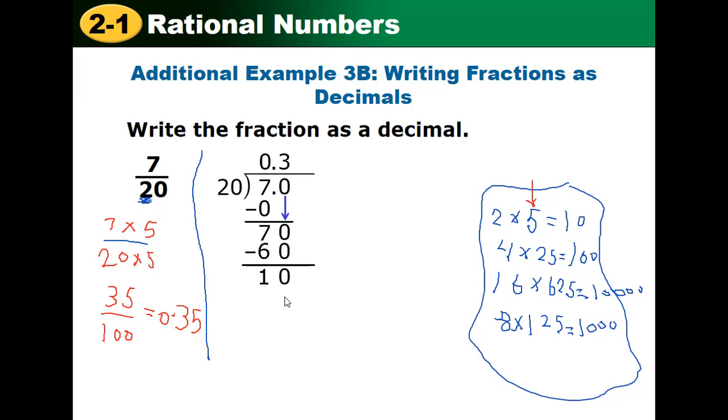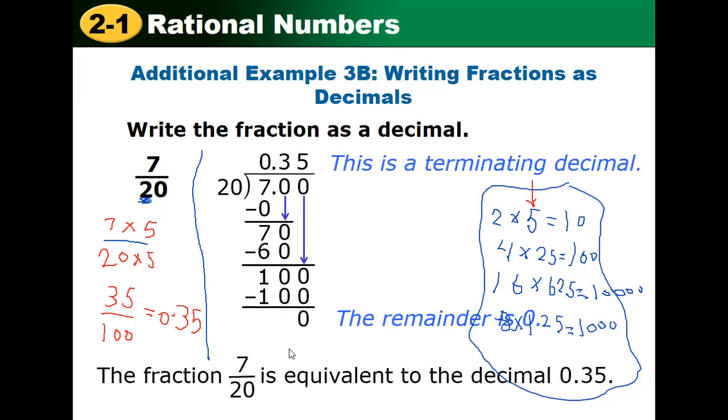The remainder is 10. We will drop 0 down. It will be 100 divided by 20 equals 5. So by the end, the answer will be 0.35. In both methods, we can change the fractional form into decimal form.